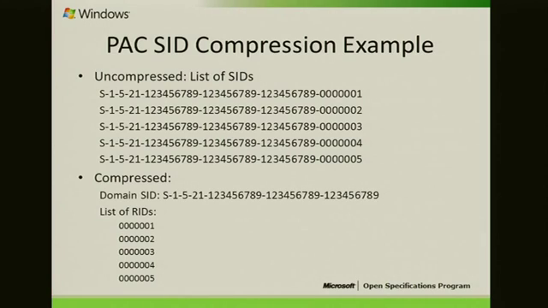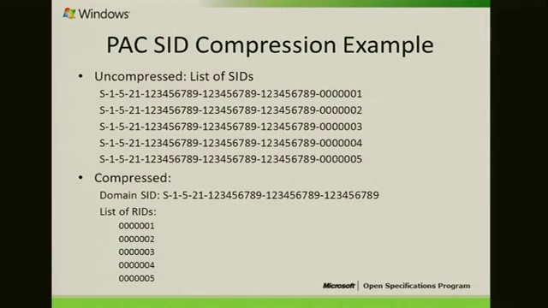They're just a list of SIDs, which isn't terribly efficient because we already had the ability to do resource compression. So when you hear SID compression in the Kerberos context, what that means is we have a field where we put the domain SID information, and then we have a list where we just put the RIDs, right? So instead of taking this much space, we take up this much space.